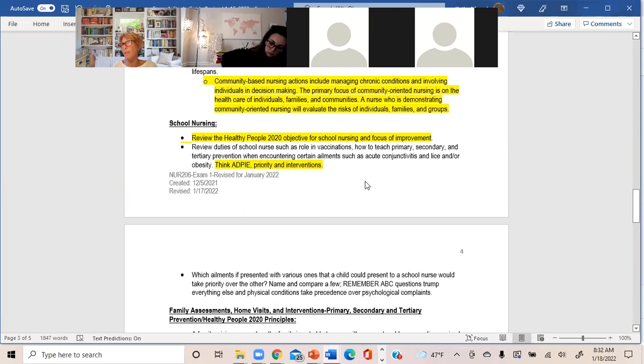And the question might say, in reviewing the goals and objectives for Healthy People 2020 with regards to school nursing, please select all that apply of goals that are listed. Okay.